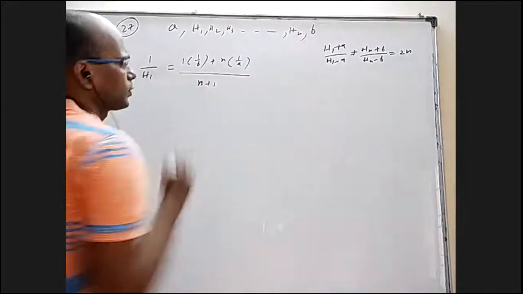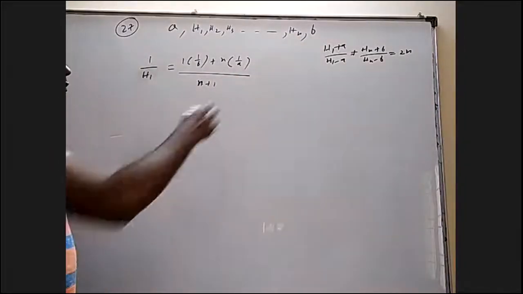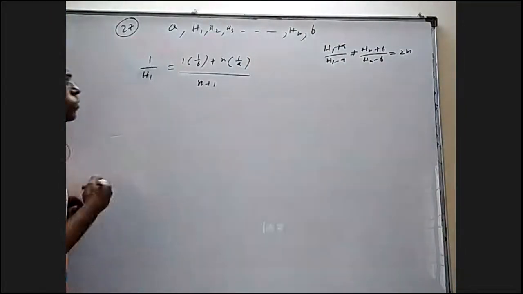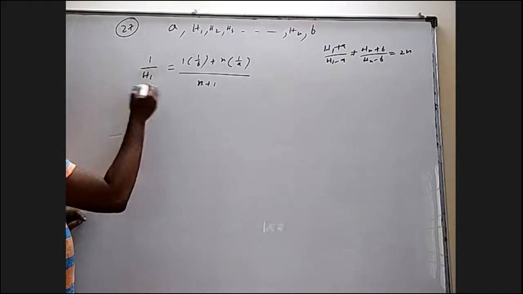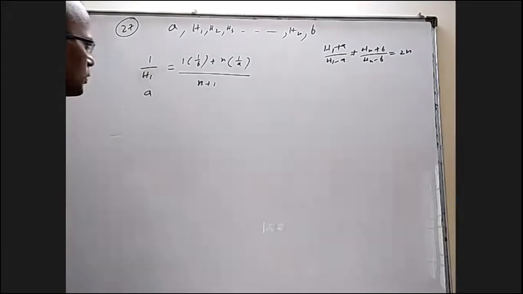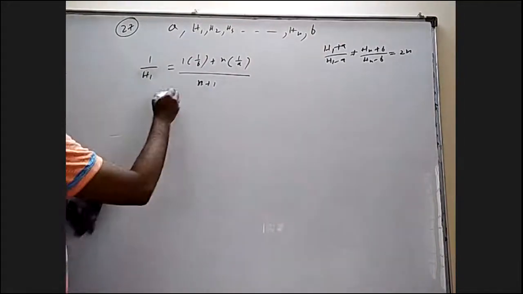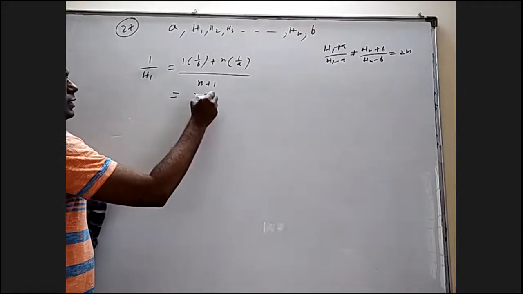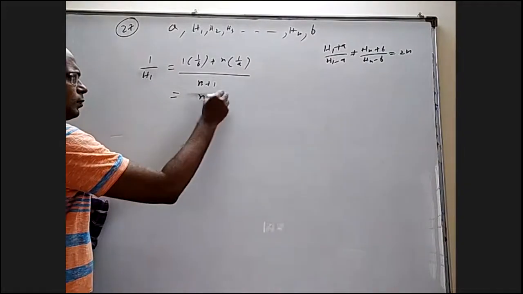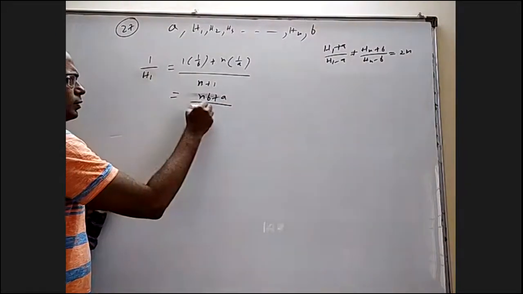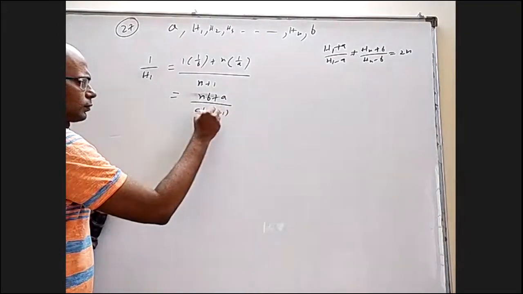They want H1 by A, and I have to apply componendo dividendo to get this. So I'm going to multiply with A and then take the reciprocal. First of all, this is nA nB plus A by AB into n plus 1.